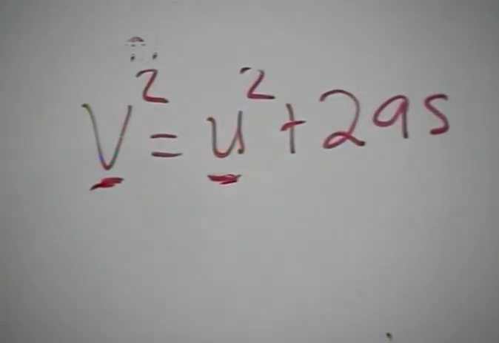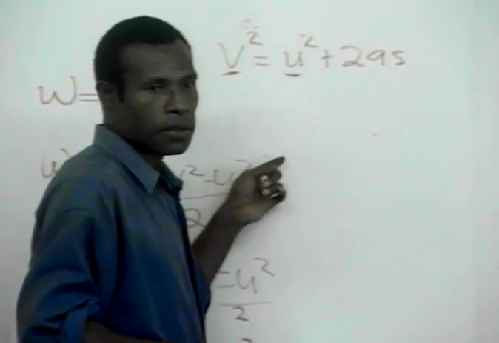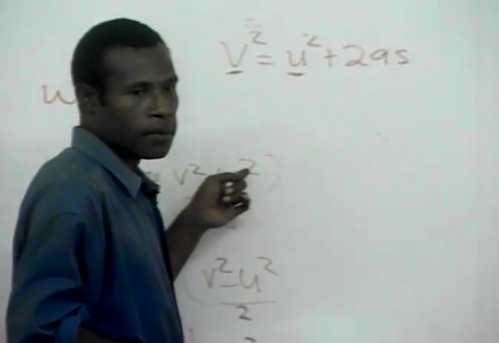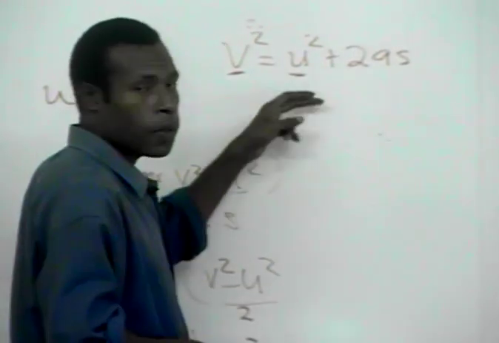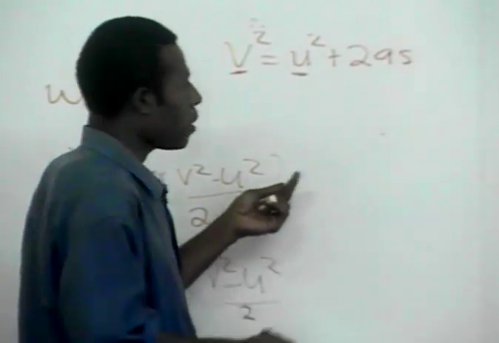If it was at rest, what would be the initial velocity, John? 0. Okay, good. It's going to be 0 if it was at rest, because there is no velocity.